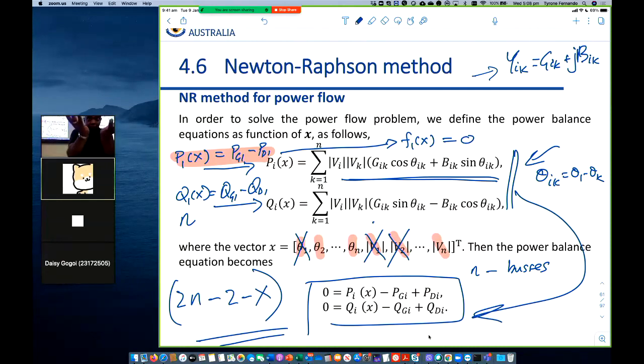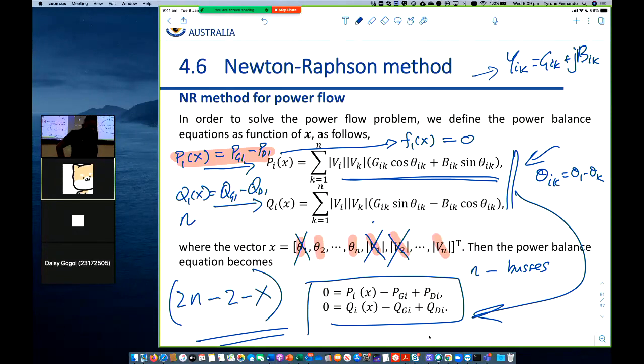I'm thinking of the poles and wires inside that circle that I showed you in a previous slide. So we have the external injection and all the powers flowing inside the network. That's what the summation is: the power flows in each of the lines inside the network.